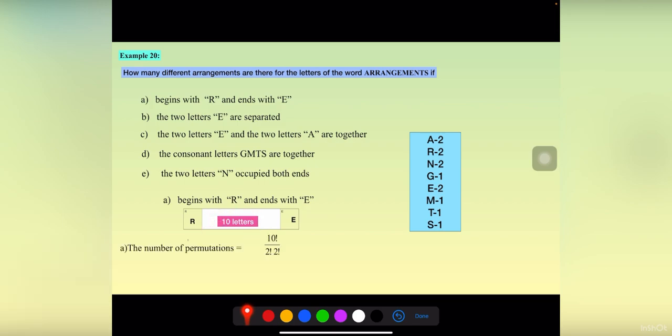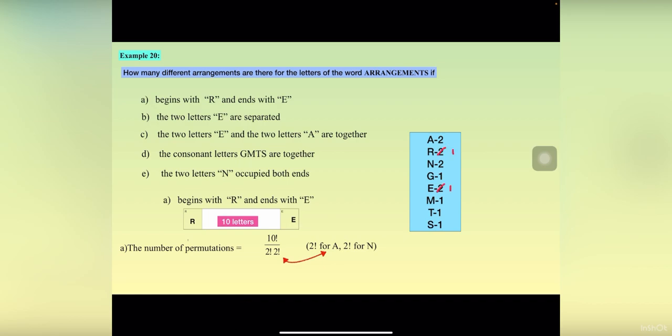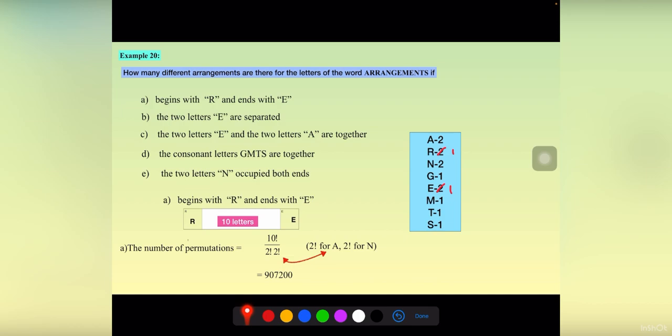The number of permutations is to arrange these 10 letters, which is 10 factorial over 2 factorial over 2 factorial, because one 2 factorial is coming from A, and another 2 factorial from N. So we have 907,200.